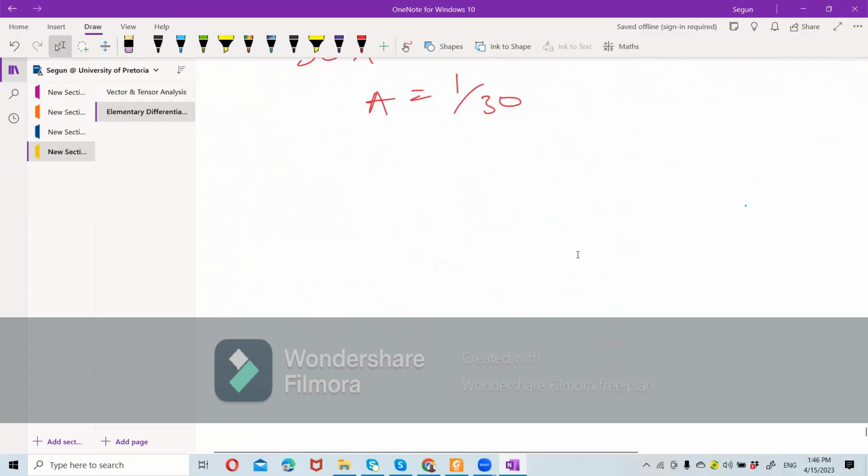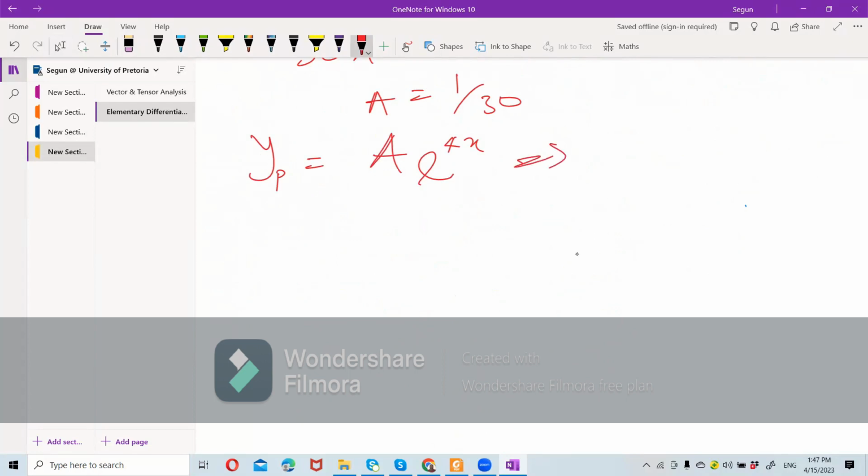Yes, sir. So you can now go to your YP, which implies YP equals to 1 over 30 exponential 4x.